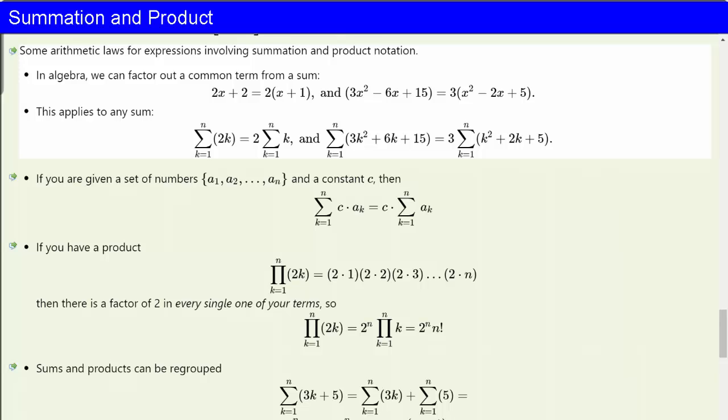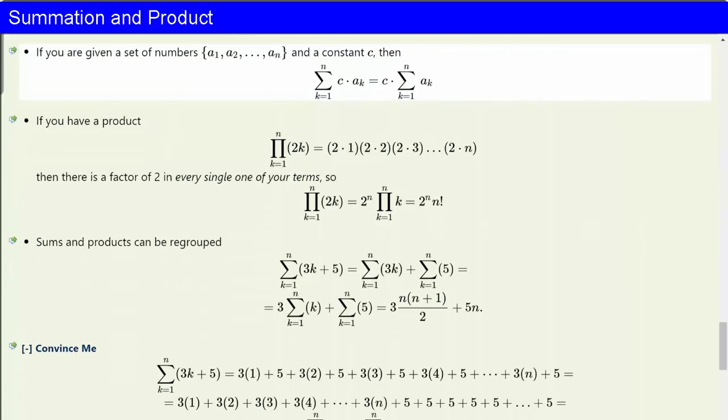If I'm given the sum from k equal 1 to n of 2k, then I can factor out the 2 and write that as twice the sum from k equal 1 to n of k. And if I'm given the sum from k equal 1 to n of 3k squared plus 6k plus 15, I can factor out the 3 and write that as 3 times the sum from k equal 1 to n of k squared plus 2k plus 5.